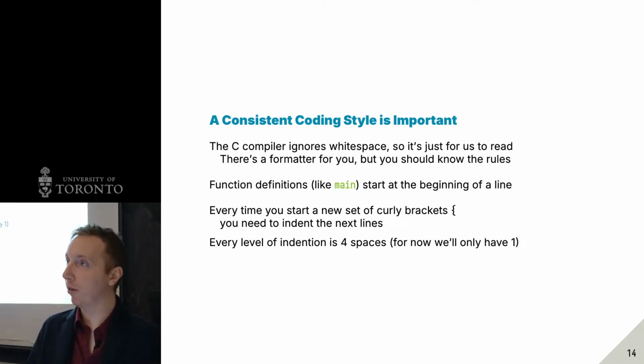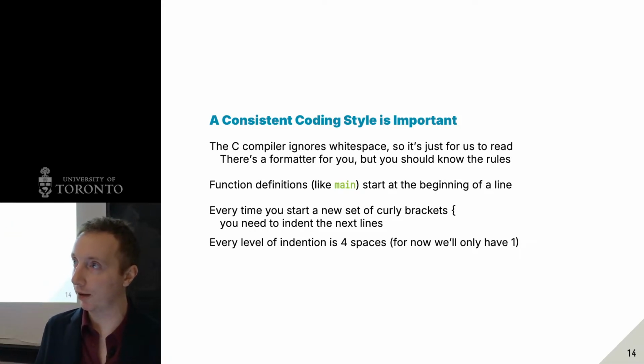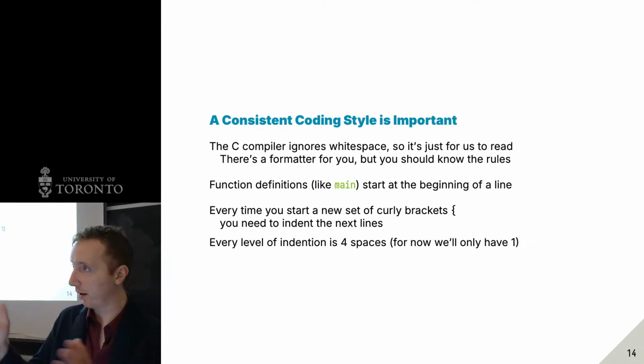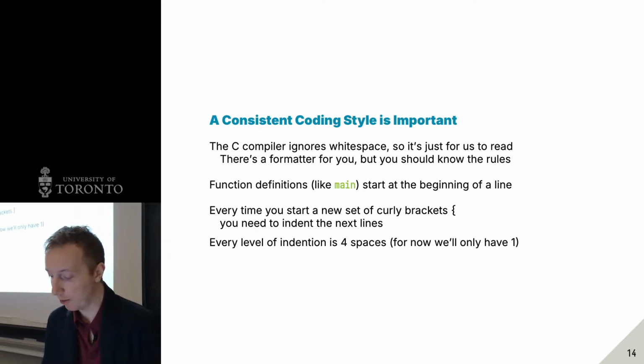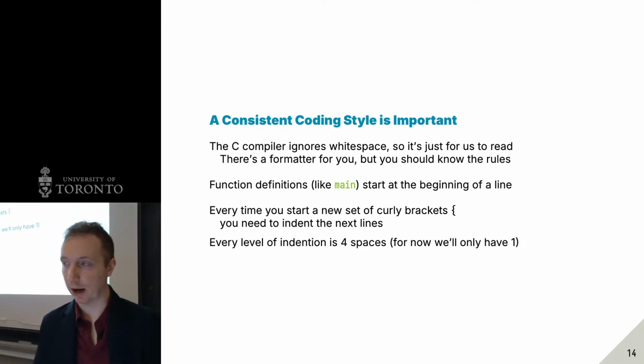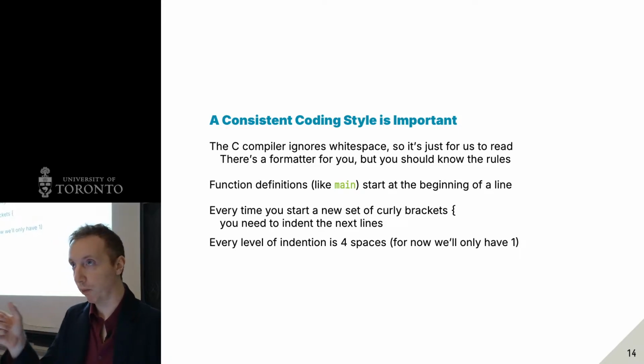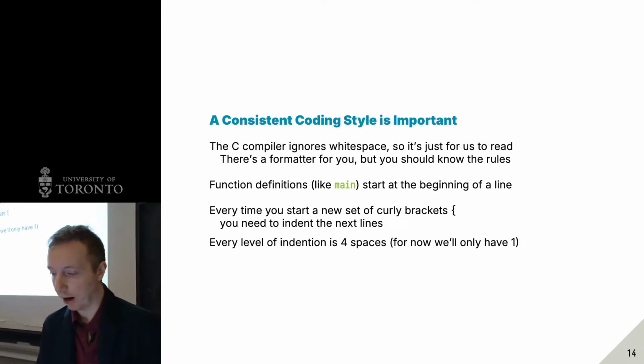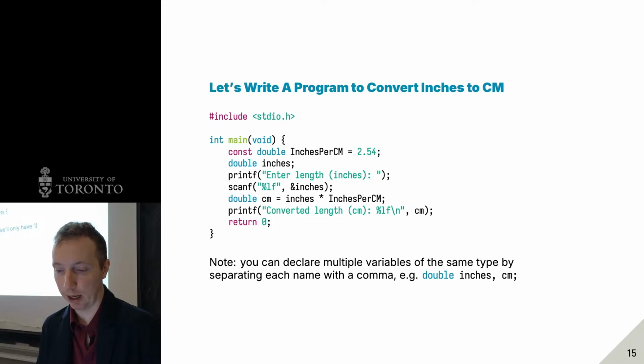Every level of indentation, every time I have a new set of curly brackets, I add another 4 spaces. For now, we only have 1. That's why my code has been formatted with 4 spaces for any of the statements within main.